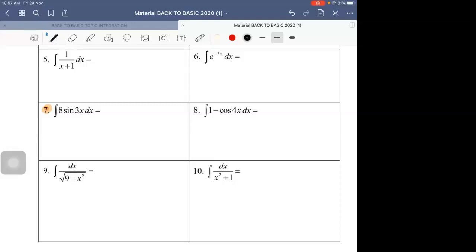Then you need to divide with the term inside your sine, over 3. Good. Students, look here. I can factorize the 8: 8 integrate sin 3x dx.